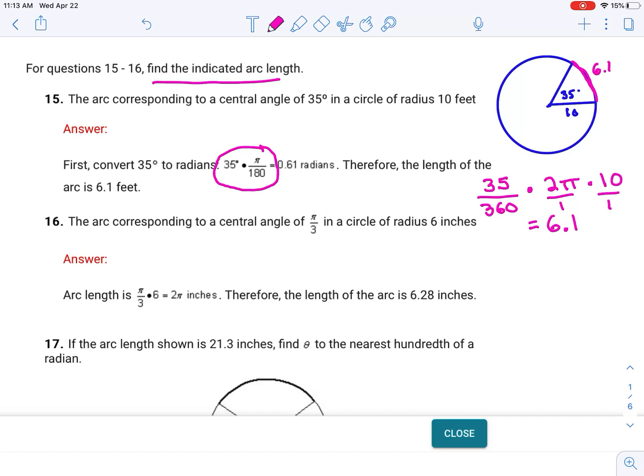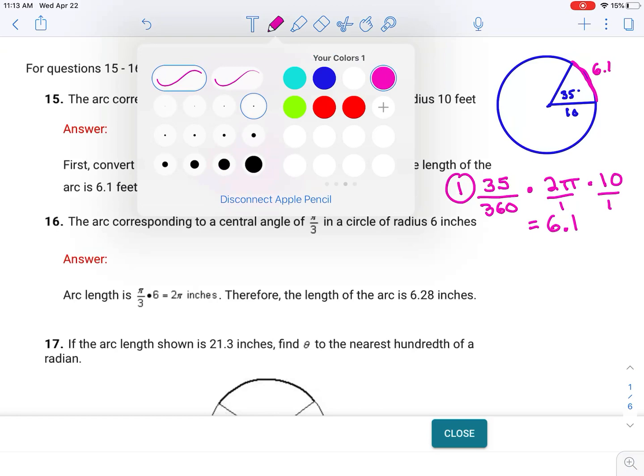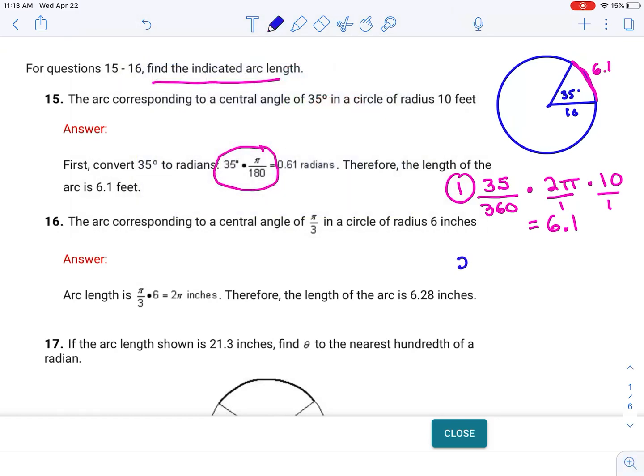So just to show you that, let's write a different way to do it. Here's way number 1 with degrees, and then way number 2, I'll switch back to blue. So we're converting our 35 degrees to radians. And when I do that, I know that that's going to equal 0.61 radians.